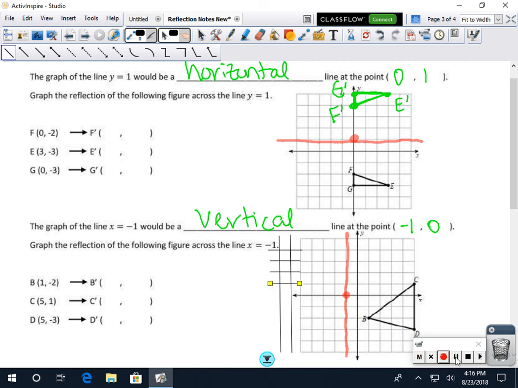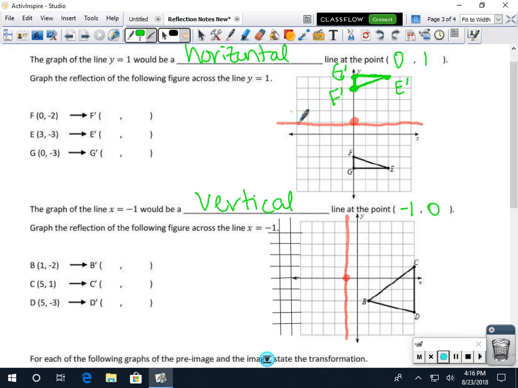I'll pause it while I do. Alright, so now that I've gotten my graph extended, I'm going to count the distance for each of these points, and I'm going to reflect it to the other side.